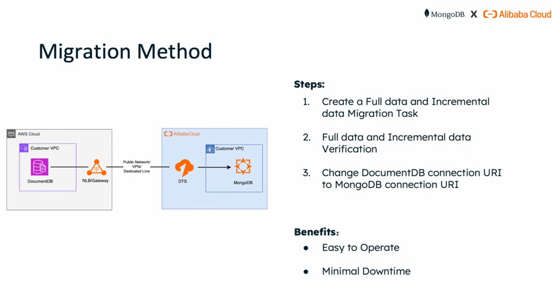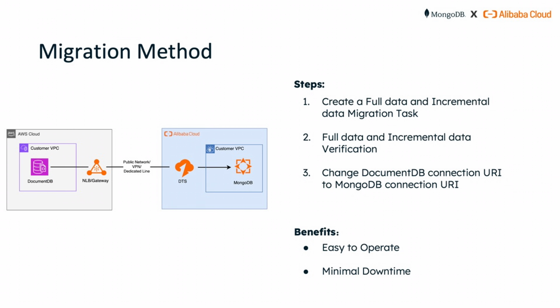On the left side, here is DocumentDB, and here is the NLB, and this is Alibaba Cloud, where we have DTS and MongoDB. For the migration, we can use several network connection options to bridge the migration tool DTS to our DocumentDB instance. There are 3 options: public network, VPN connection, and dedicated line.